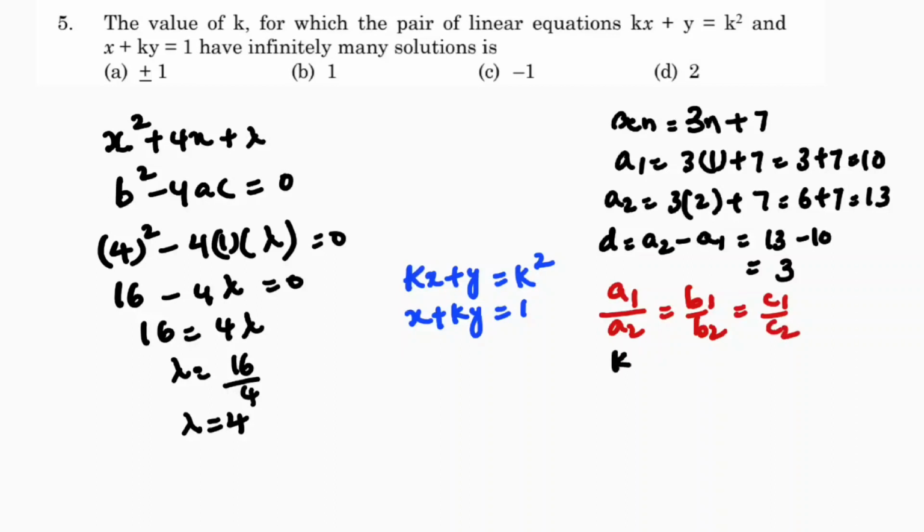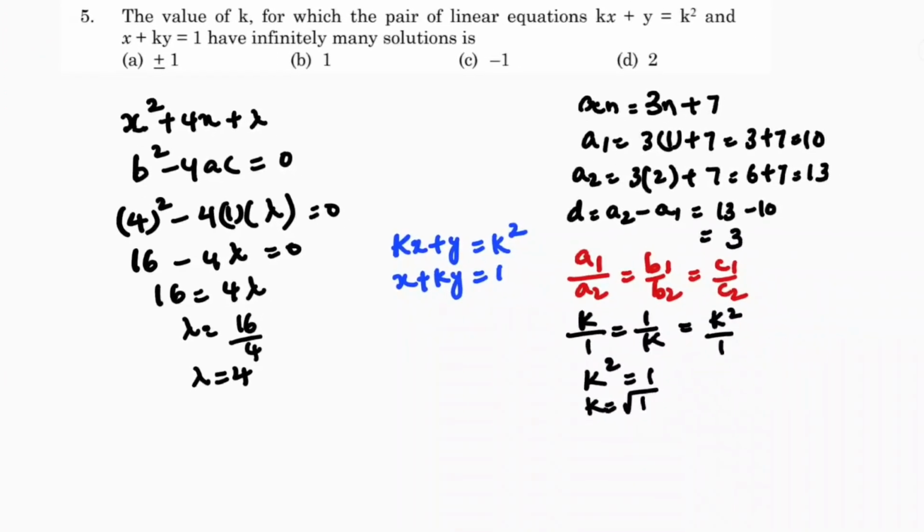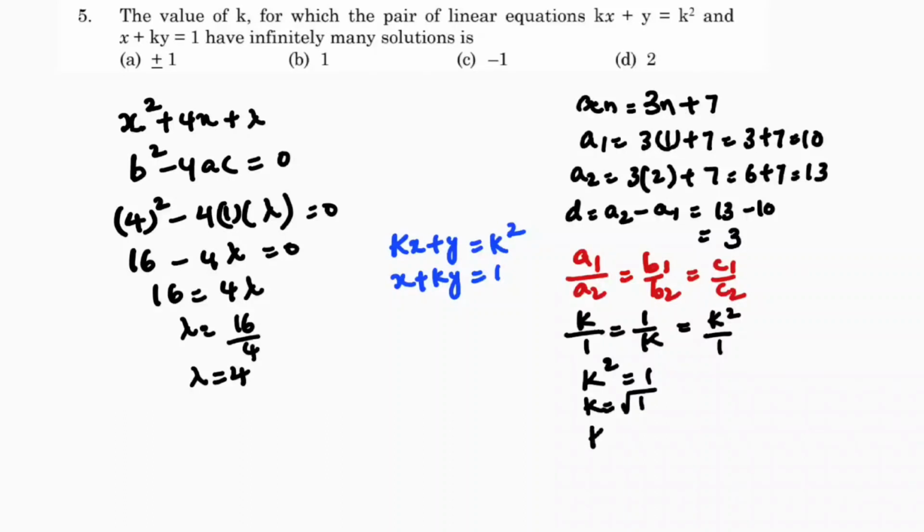If we substitute the values, k by 1 equals 1 by k equals k square by 1. If you cross multiply, you get k square equals 1. So k equals root 1, which you write as plus or minus. So k equals plus or minus 1.